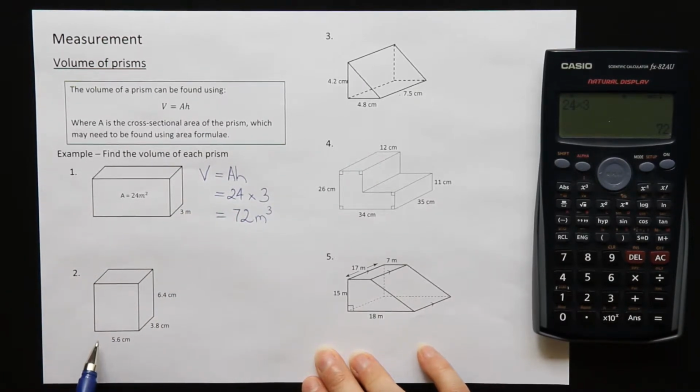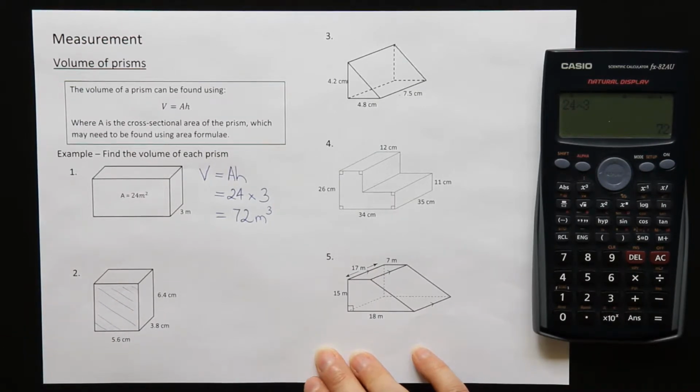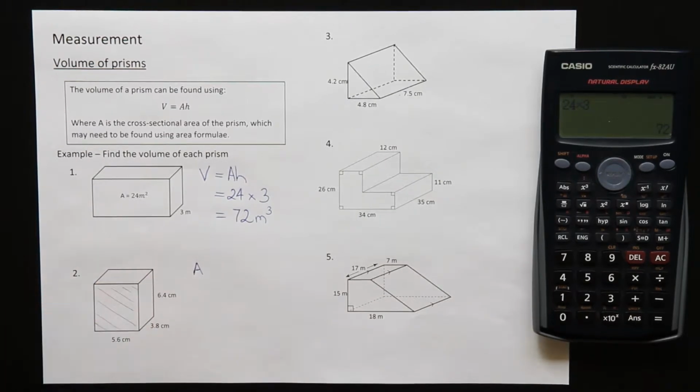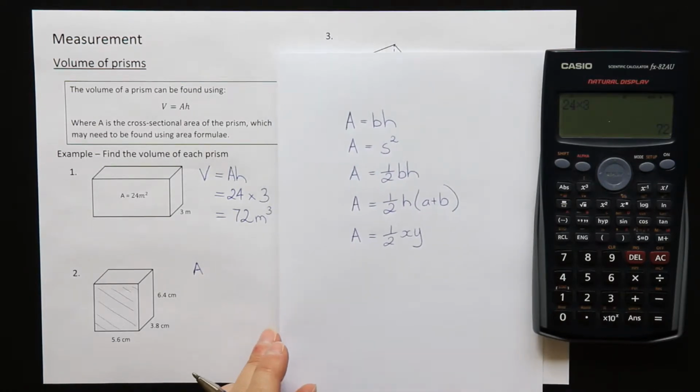For this second question, it's a very similar shape. It's a rectangular prism again, but this time we're not given the area. We have to work that out ourselves. So we're going to take this front rectangle here, and I'm going to find the area of that shape first. Now, to be really good at your volume questions, you need to know all your area formulas. Now, these are the formulas that we've been learning about.